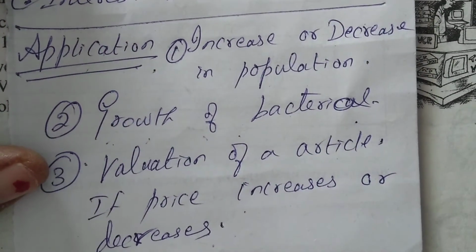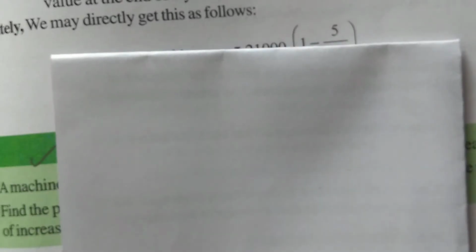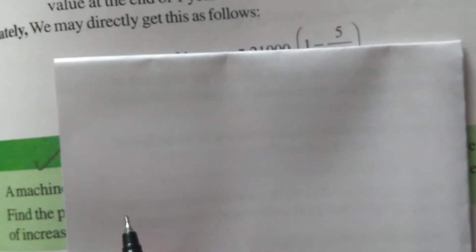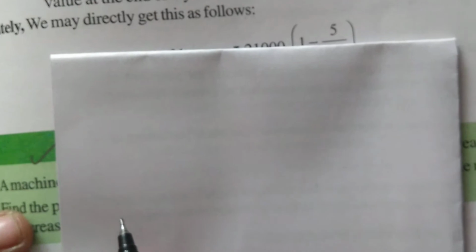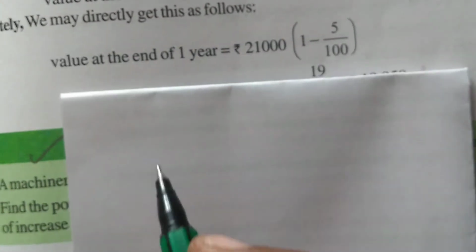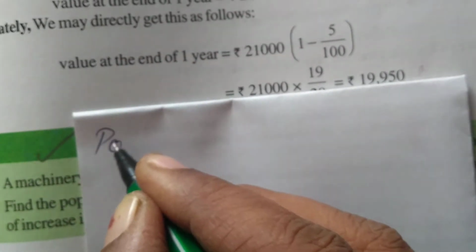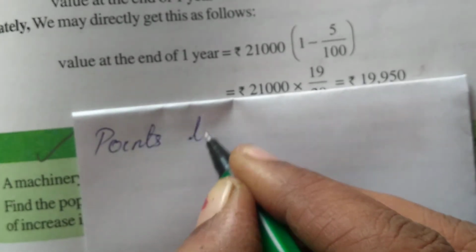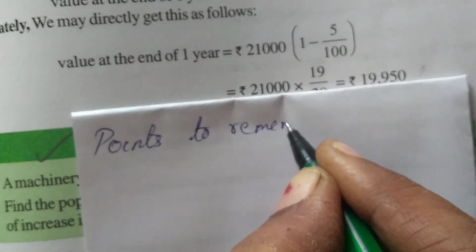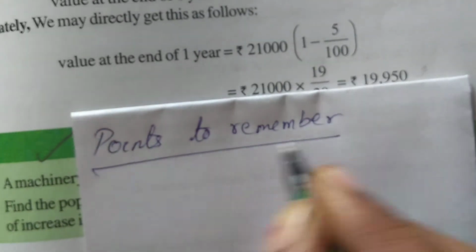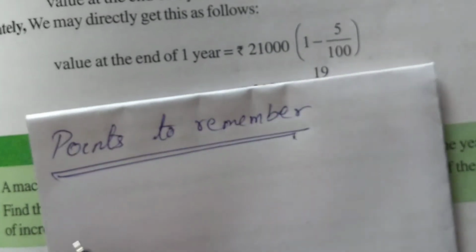Now while doing a few problems in compound interest, the points to remember. First we will understand what all you have to remember while doing compound interest formula sums. First, we should remember about the time period.